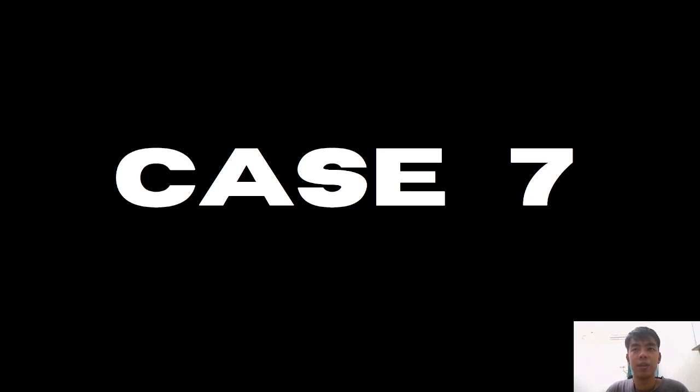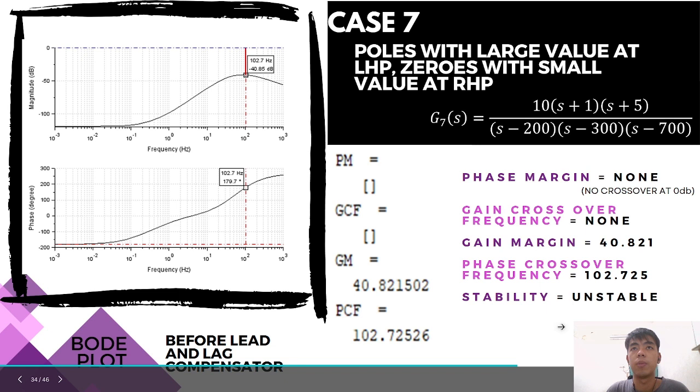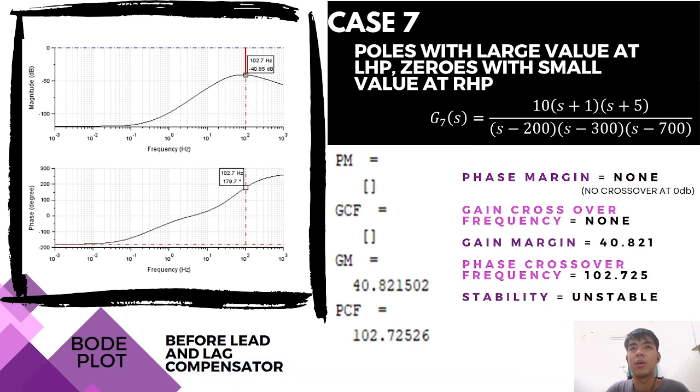For case 7, the condition is poles with a large value at the left half plane and a 0 with a small value at the right half plane. In this plot, there is no phase margin because there is no crossover at 0 dB, so this system cannot be cascaded with the lead and lag compensator functions.